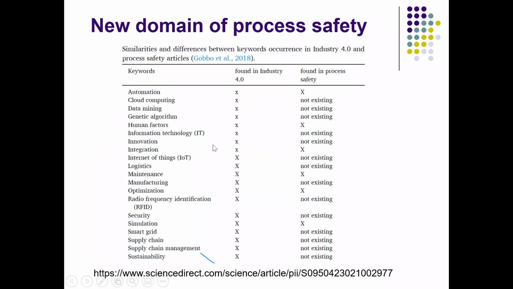Information technology, innovations, integration. This is important, because industries are very well connected. So integration is also internet of things, logistics and maintenance. Logistics we are not covering, but logistics is very important for the optimization of resources. I was going through some of your courses in system engineering, and I realized that you are studying logistic optimization.